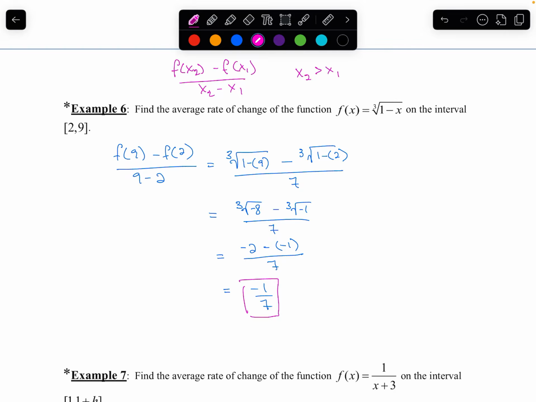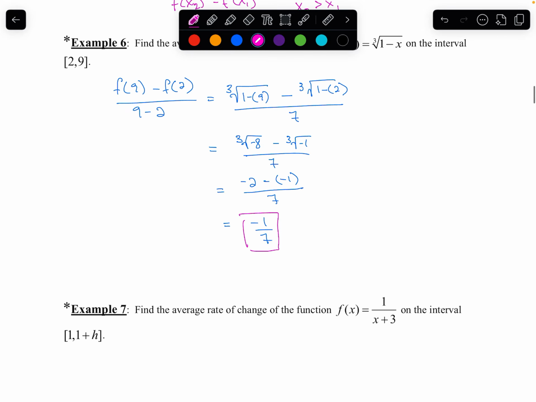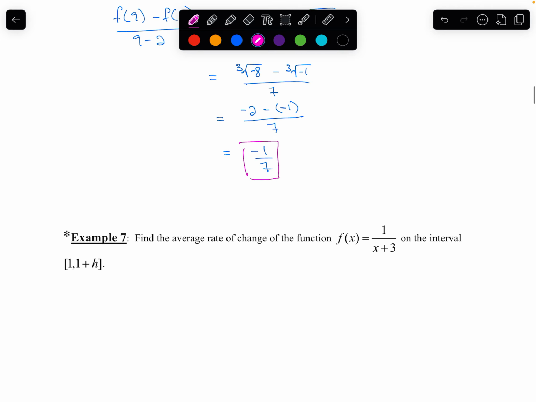We're going to do the exact same thing for the next example. Still using the fact we have f of x2 minus f of x1 over x2 minus x1, we look for the larger value. Interval is always set up from smallest value to largest value. So we already know this 1 plus h is going to be the larger of the two.